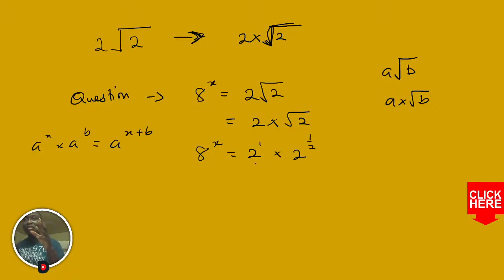When we look at this side of the equation, realize that we have the same base number. We have 1 and we have half, so when we add, we should get 2 raised to the power 1 over 2.